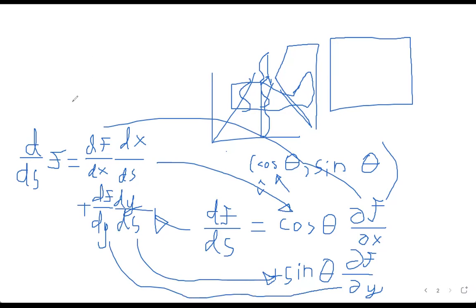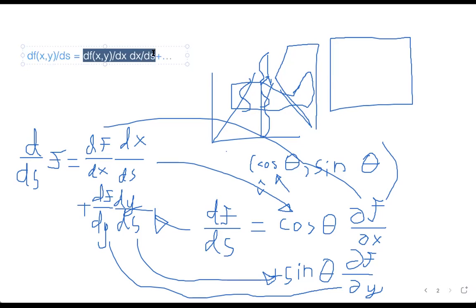If you have a multivariable function and you're taking its derivative using the chain rule, you need to expand. So if you have some arbitrary ds here, you need to write it as df dx times dx ds plus, and so on. You can't just have one of these.